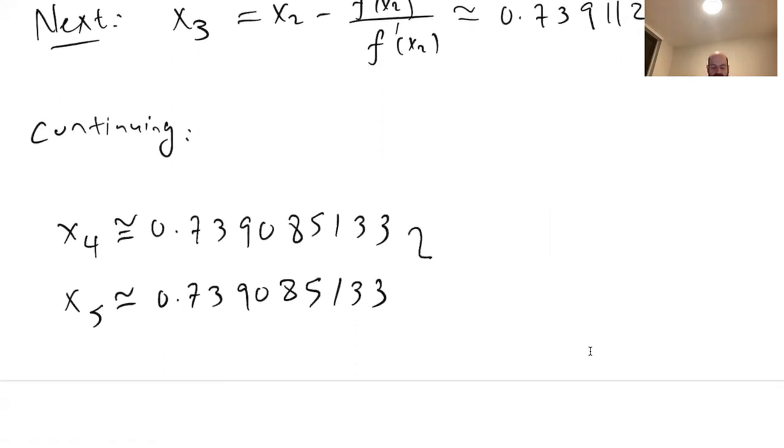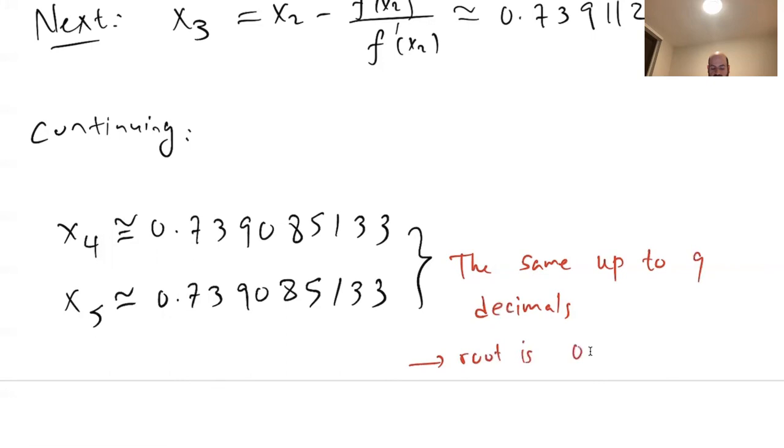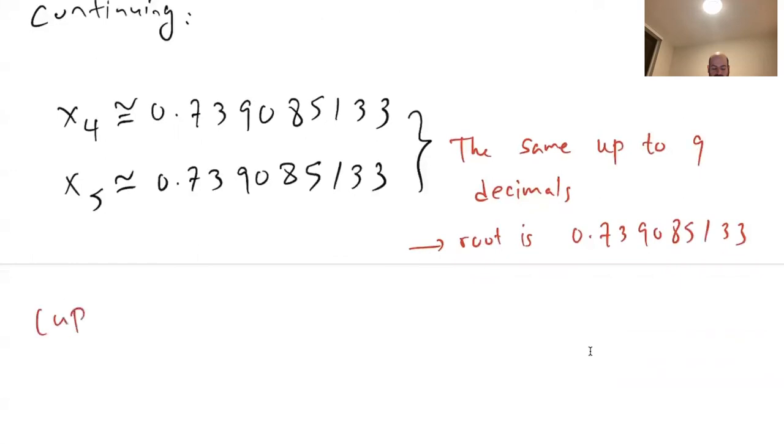So these two are the same up to 9 decimals, which means the root is 0.739085133 up to 9 decimals.